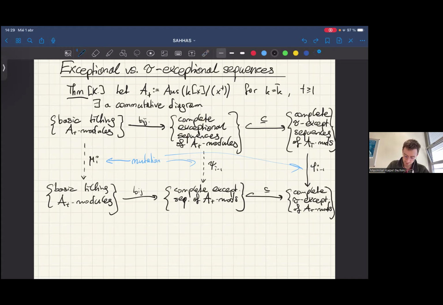Generally, the first main result is that there's an inclusion here. This is generally a proper inclusion, and I can always mutate on this larger set of sequences with this mutation phi that has a totally different definition to this mutation psi. But if I happen to be in this small subset, then I can use this mutation psi, and it will actually give me the same as this mutation phi.